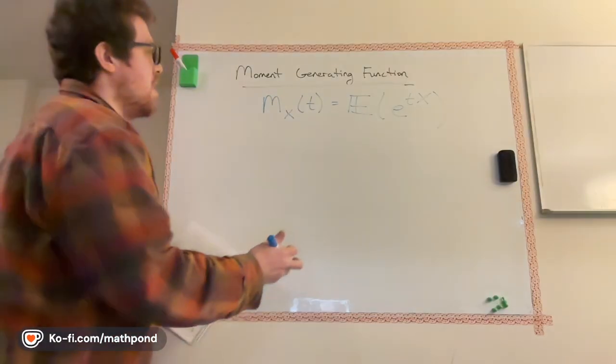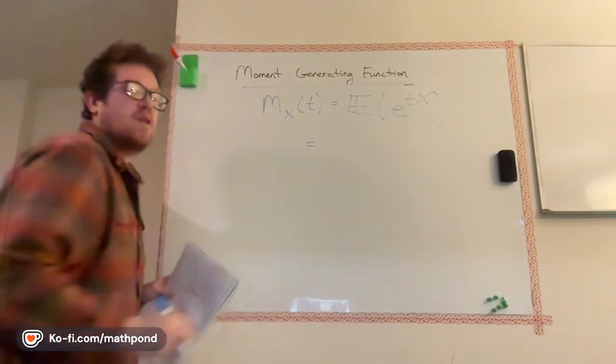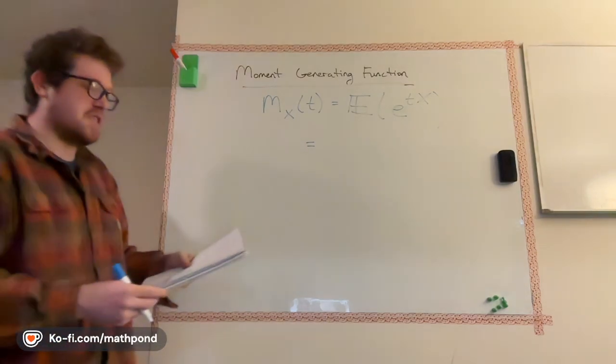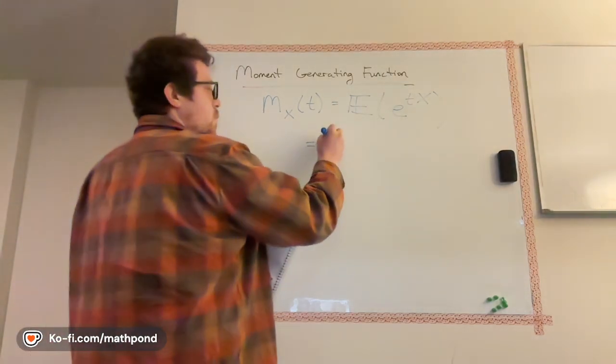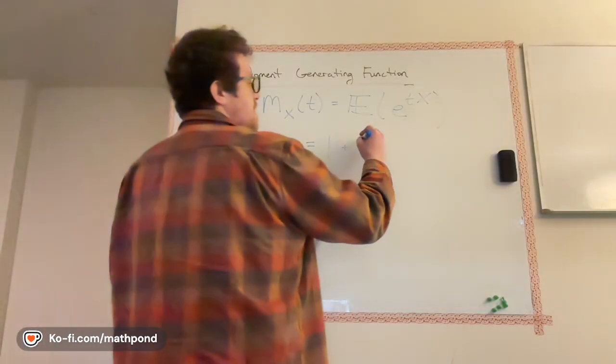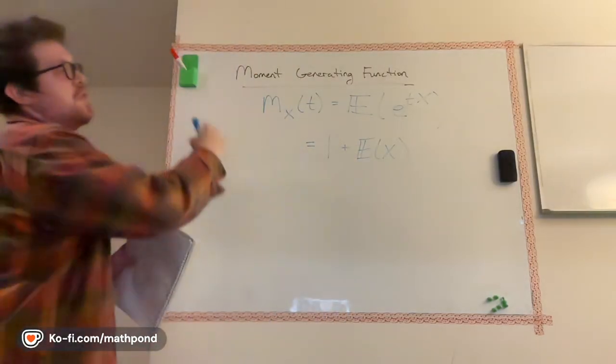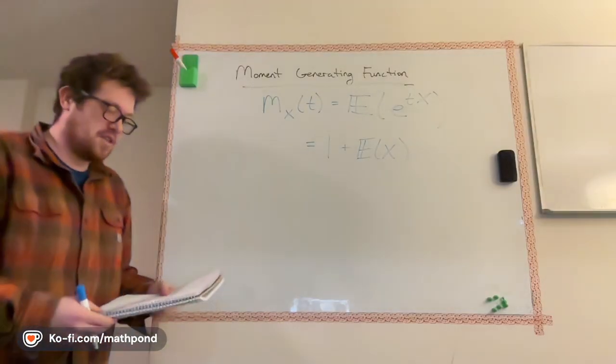Right. But all we really need is the first couple moments for this next argument. So let's just expand this a little bit. This is like 1 plus, as a Taylor series, the expected value of X. And let's just assume that all the moments actually exist.